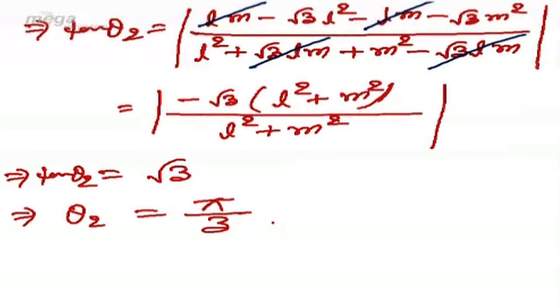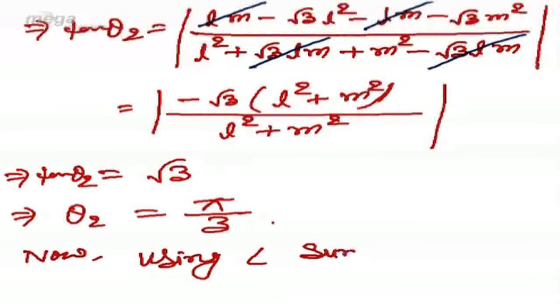So when you solve, the angle between line 1 and 3 is pi by 3. The angle between line 1 and line 4 is pi by 3. So obviously the angle between third and 4 you will also get pi by 3 by using the angle sum property of a triangle, because all of the 3 angles you will get pi by 3, and hence the triangle is an equilateral triangle.